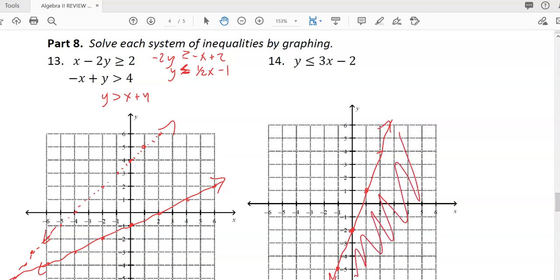Here's what I mean by that. So let's say take 0, 0. That's outside. So if we plug in 0, 0, that would be 0 less than or equal to 3 times 0 minus 2. Is that true? Is 0 smaller than negative 2? No, that's not true. So 0 should not be in the shaded region. It's not. It's outside the shaded region. So that's the graph for that one.